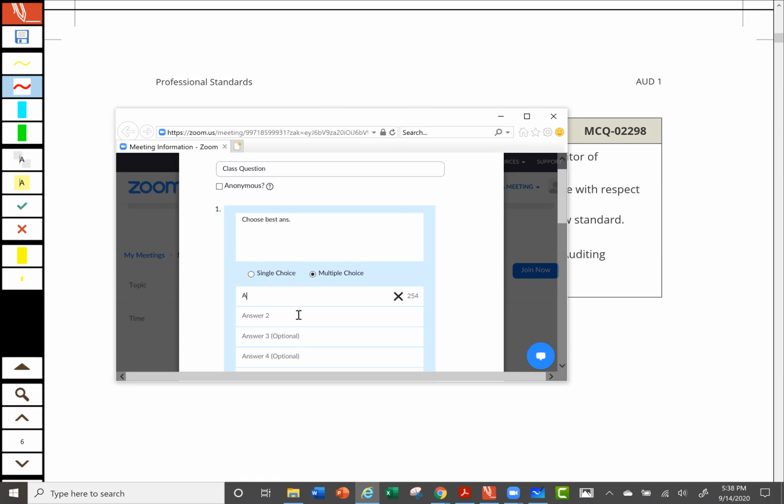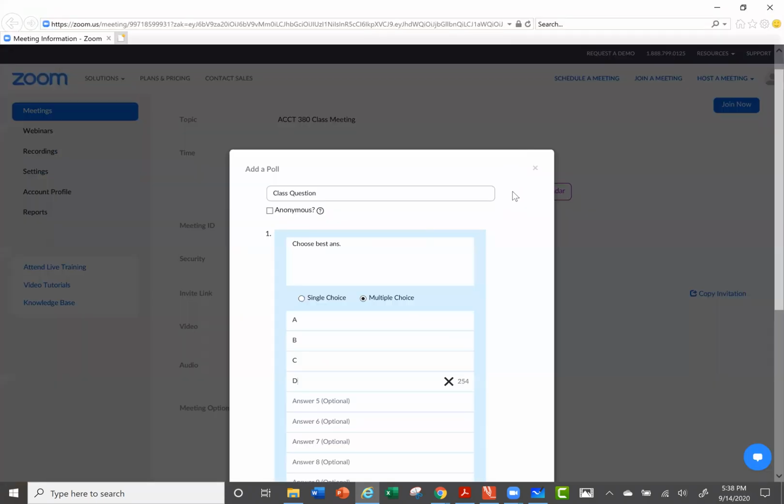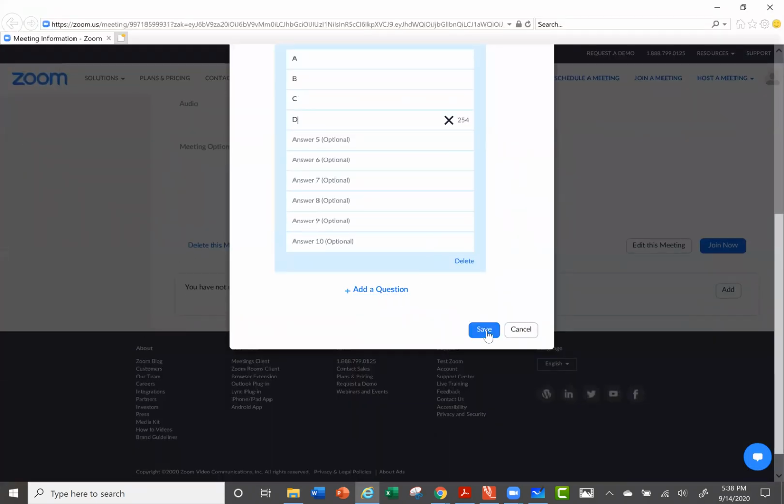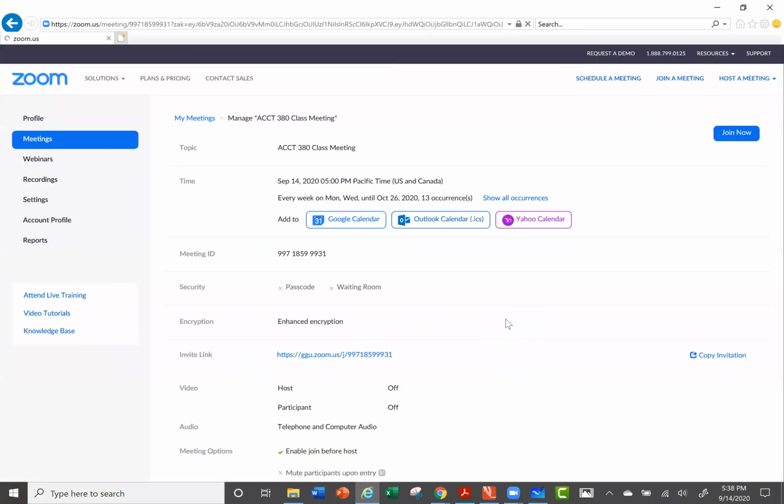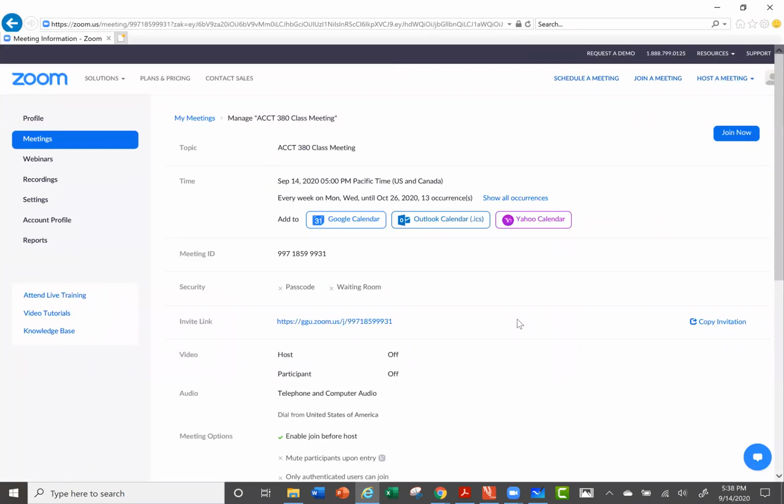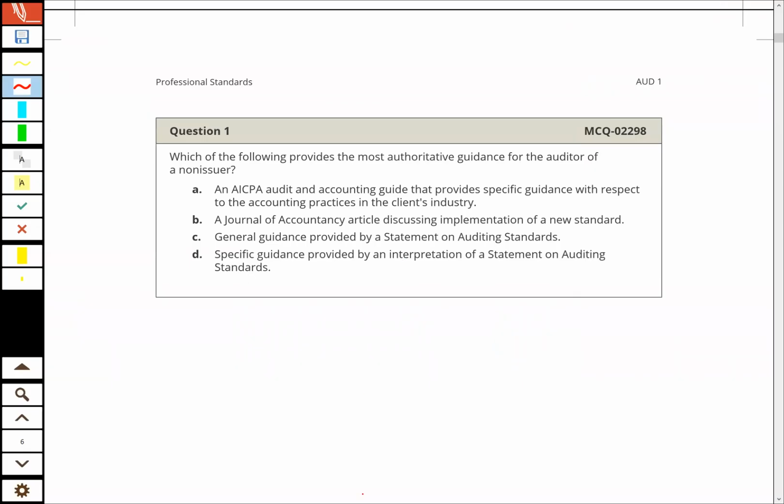Okay, A, B, C, D. Save. Okay, I've saved the poll. I guess I can put this down now. And I'm going to try it one more time. There we go. Okay, good.